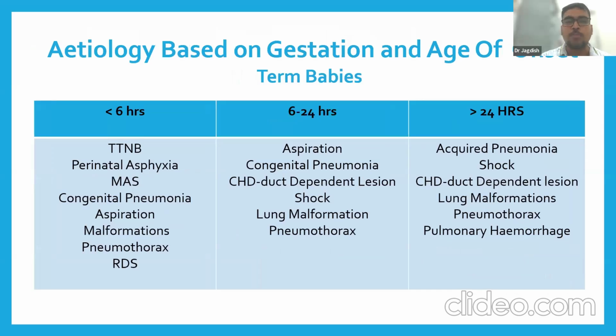Likewise, in a term baby, if the onset is within 6 hours, the common causes are perinatal asphyxia, meconium aspiration syndrome, or TTNB, or rarely malformation or pneumothorax. Even RDS may be present in a term baby, particularly in an infant of a diabetic mother. Similarly, within 6 to 24 hours, it may be because of aspiration or congenital pneumonia. More than 24 hours, again acquired pneumonia, shock, congenital heart diseases may be the common causes.